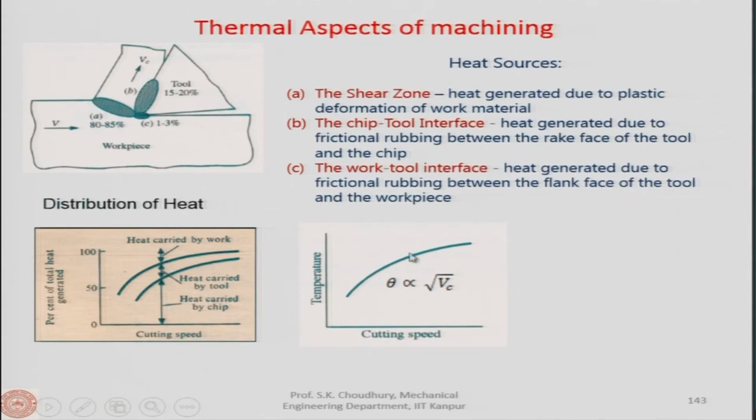And remember that the temperature changes with the cutting velocity in this way. As the cutting velocity increases, temperature will change in this way, and this is the distribution of the heat to the chip, to the tool and to the workpiece.